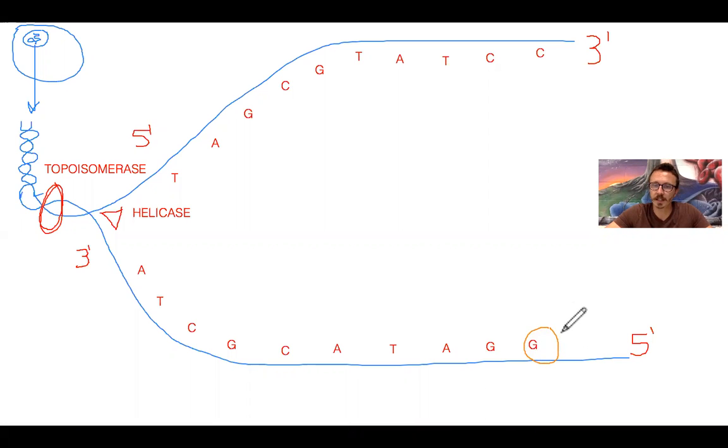And so this right here would be a primer. And primers are laid down by primase, right? And it's really kind of weird. They're actually made of RNA, but it gives us a starting place. It gives us a place for DNA polymerase to attach, and kind of tells DNA polymerase where to begin.